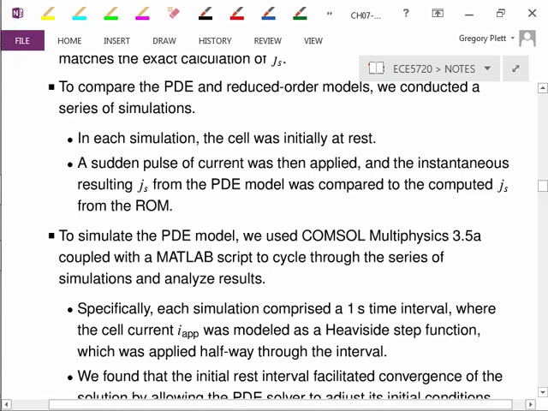In each of the simulations, the cell was initially at rest, and then we apply a pulse of current suddenly, and then the instantaneous resulting side reaction flux from the PDE model is compared to the computed value from the reduced order model. We did this because it matches all of our assumptions and all of the Ramadas assumptions, so it's a good place to start out. If it doesn't work well in that case, it's probably not going to work in a more general setting either.